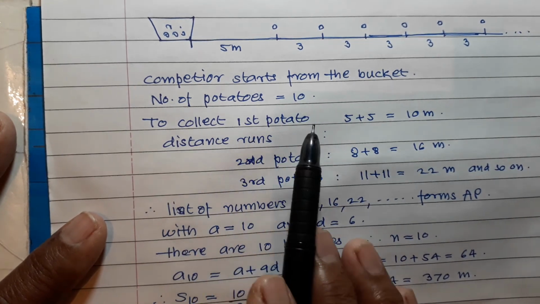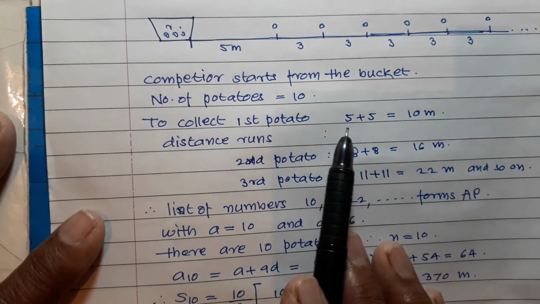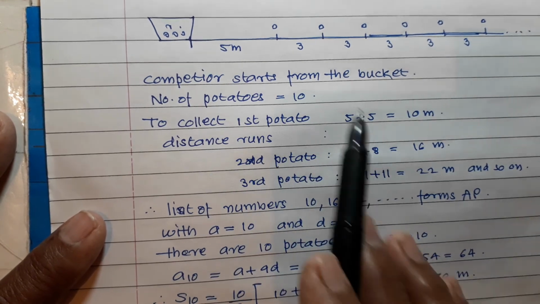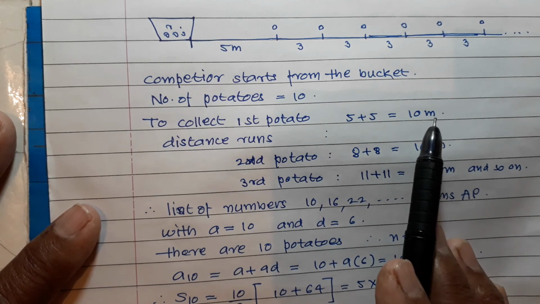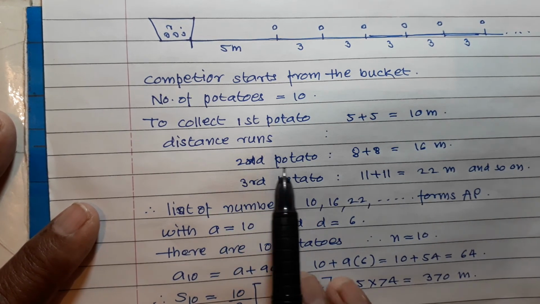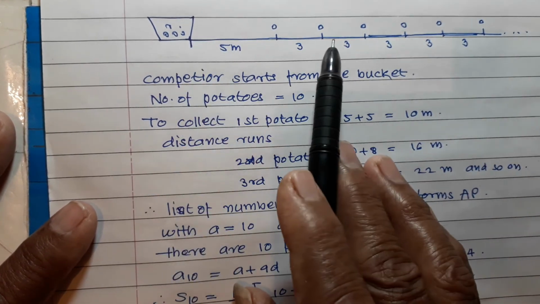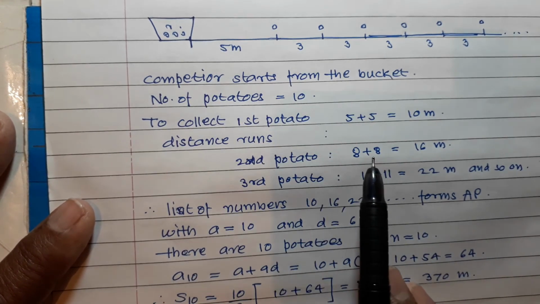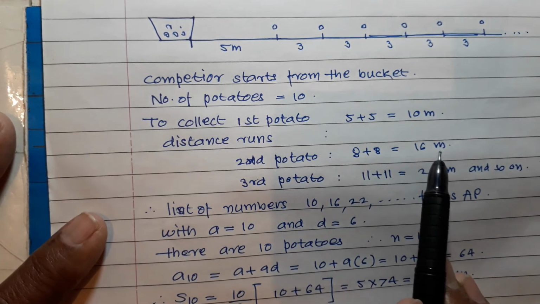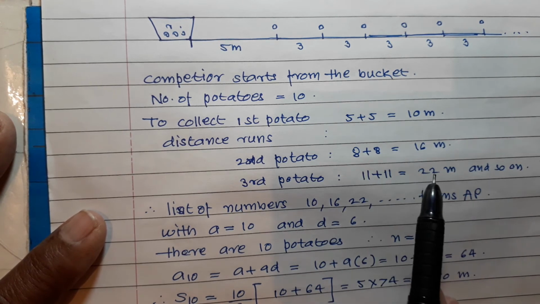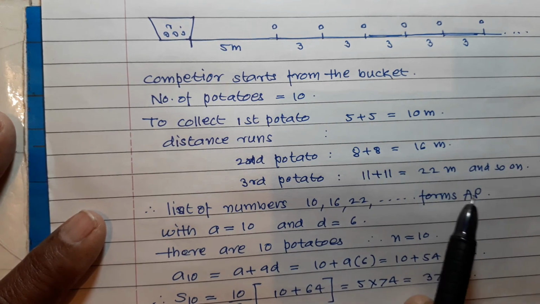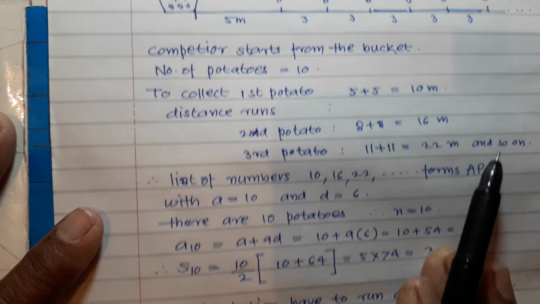To collect the first potato, the distance run is 5 plus 5, that is 10 meters. Then for the second potato, 8 plus 8, 16. For the third potato, 11 plus 11, that is 22 meters, and so on.